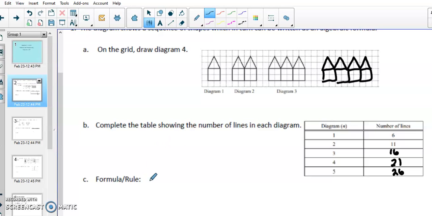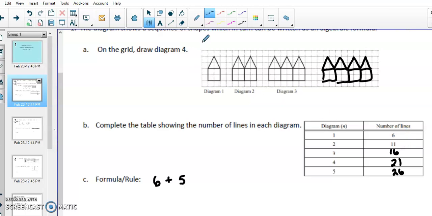So for formula or rule, I'm going to teach you a way to do this that we're going to use for each problem. We're starting with 6, and we're adding 5 each time. So we're adding 5, but how many 5s do we add? Well, I added 1 5, I added 2 5s.